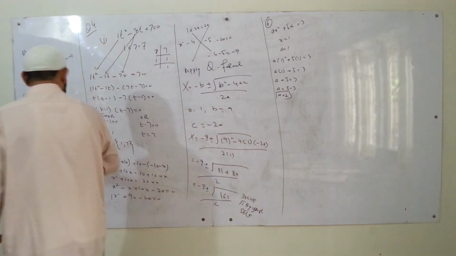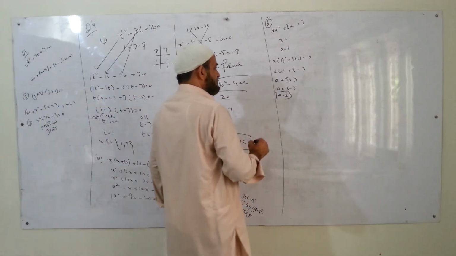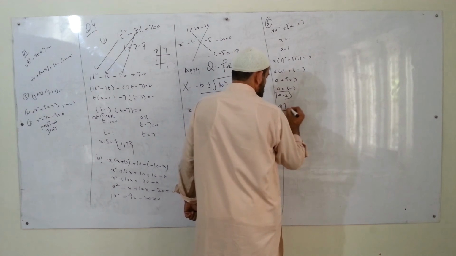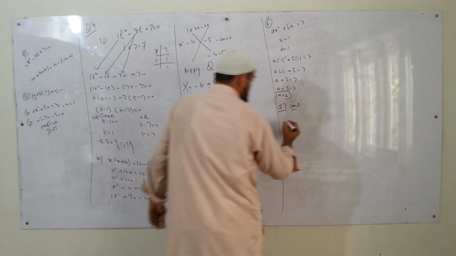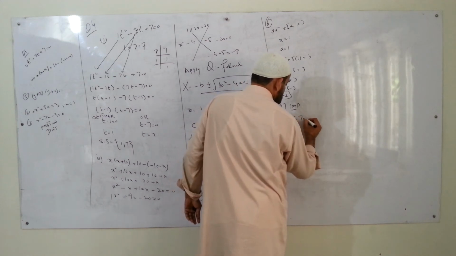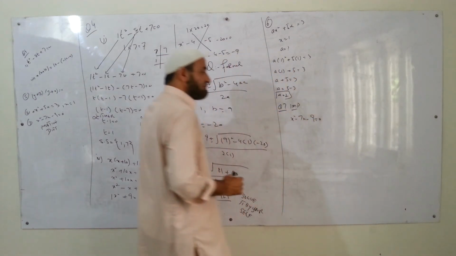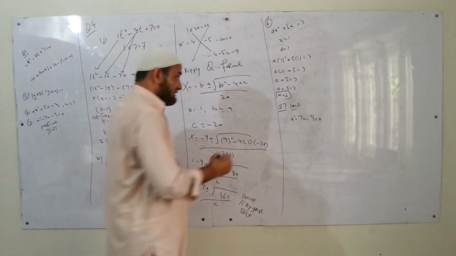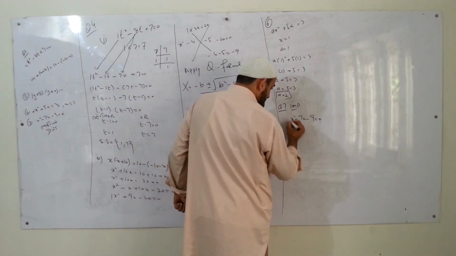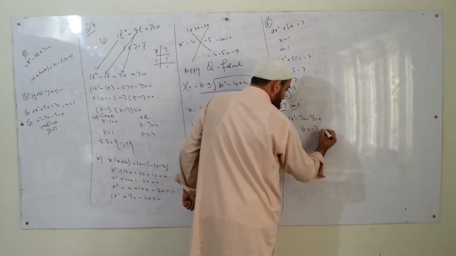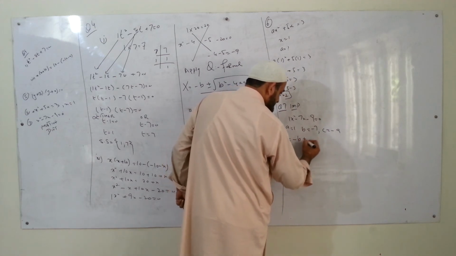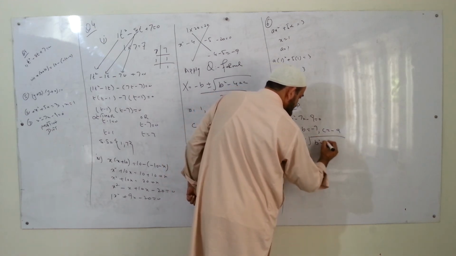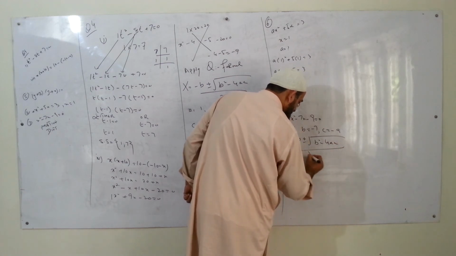Now, question number 7. Question number 7 is also an important question. The given equation is x square minus 7x minus 9 equal to 0. First of all, we solve it. The value of a is 1, b is minus 7 and c is minus 9. The formula is x equal to minus b plus or minus the square root of b square minus 4ac, divided by 2a.